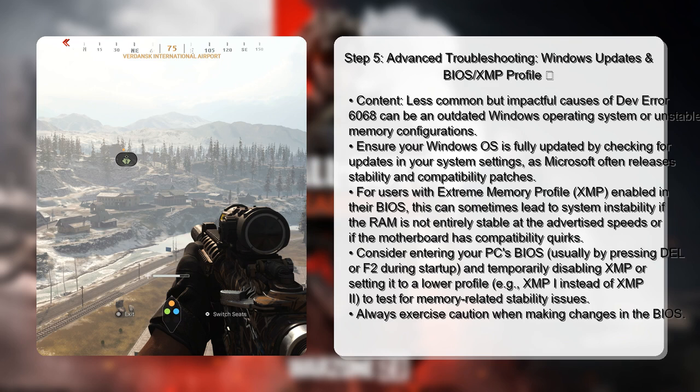If the RAM is not entirely stable at the advertised speeds, or if the motherboard has compatibility quirks, consider entering your BIOS, usually by pressing Del or F2 during startup, and temporarily disabling XMP or setting it to a lower profile, such as JEDEC instead of XMP, to test for memory-related stability issues. Always exercise caution when making changes in the BIOS.